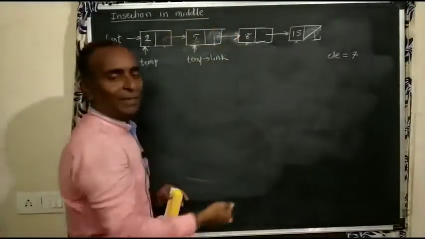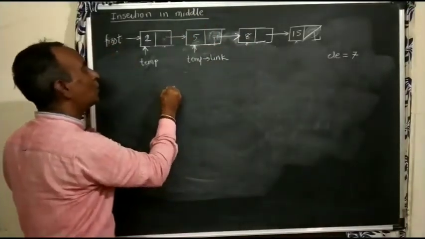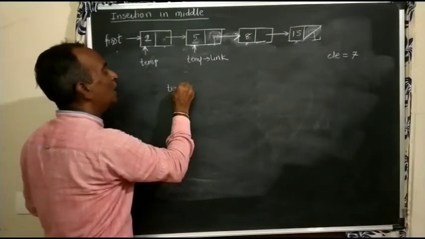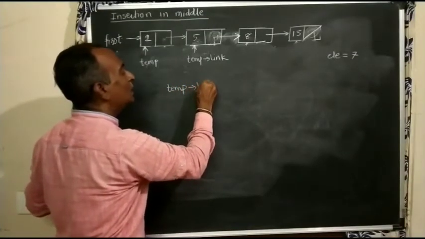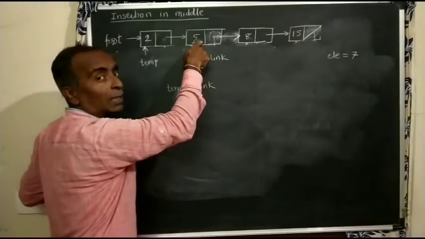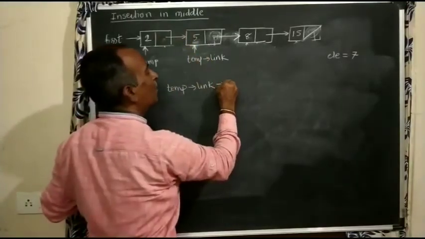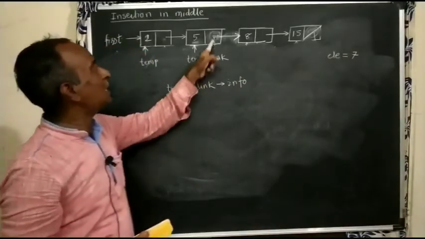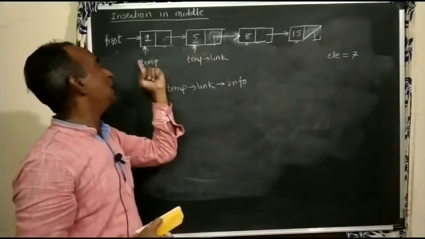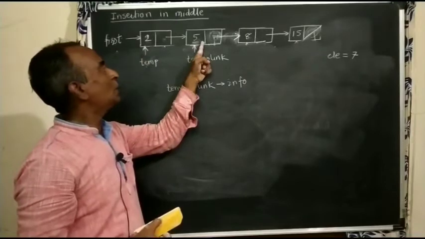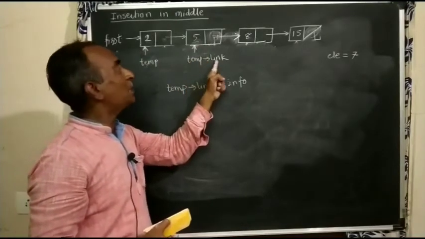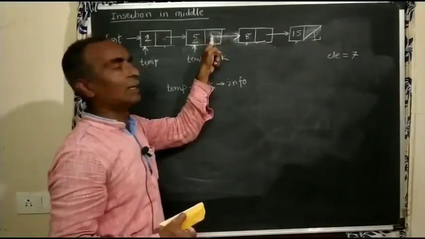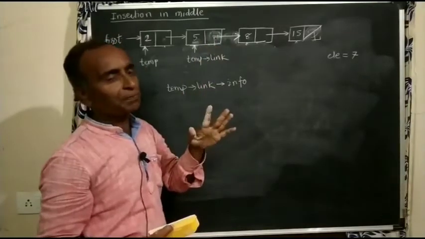Its information field, this way also you can write temp's link. This forms the address of this node, and its info field. If I want to access the link field of this by keeping temp here, this node's address is temp link; temp's link field, you can access that also.